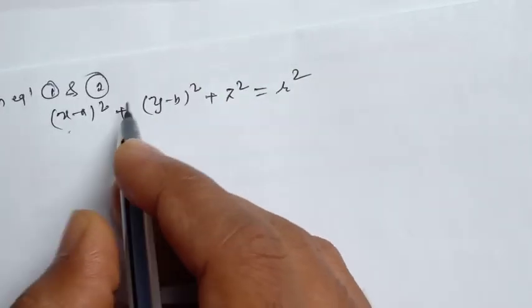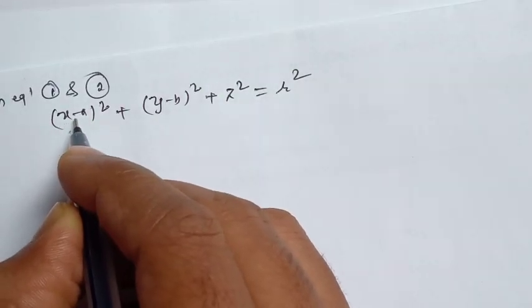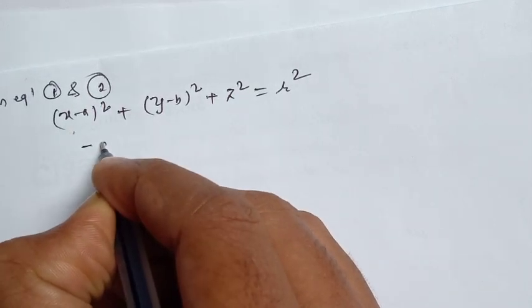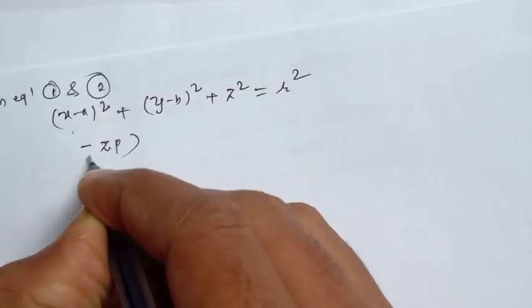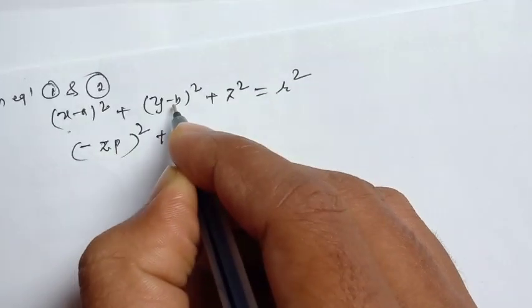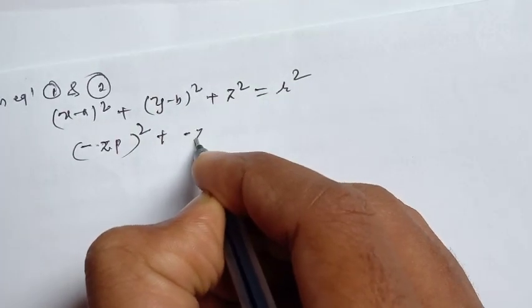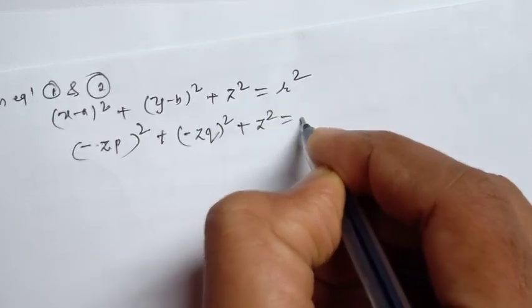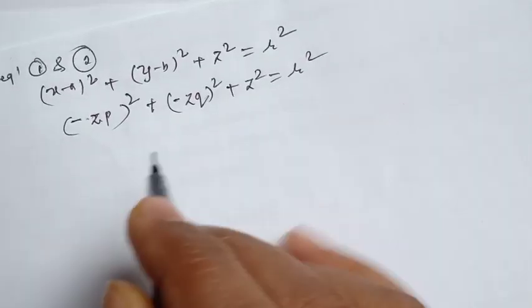So our equation will be: in place of x − a we put −zp, squared, plus in place of y − b, that is −zq, squared, plus z² equals r².